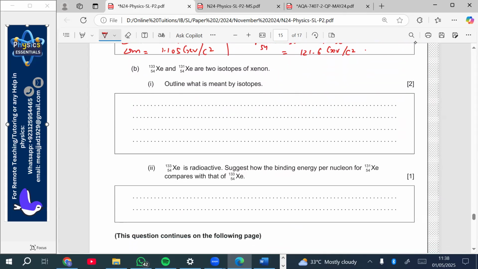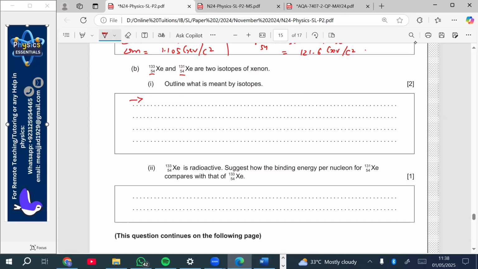Xenon 131 and xenon 133 are two isotopes of xenon. Okay. One is 131 and one is 133. Outline what is meant by isotopes. So you can easily see that their proton number is the same, but their mass number is not the same.